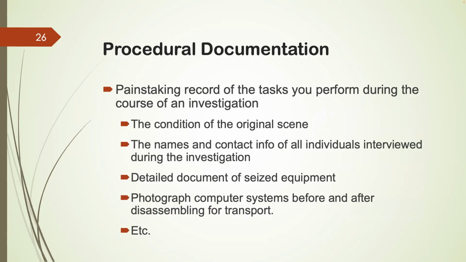Another thing is all the physical devices that you might confiscate. For example, if there was a laptop or a USB on the crime scene, you have to document their make and model, who the creator of the device is, and what the size of, say, this USB drive is, and so on. Another thing is photographs.